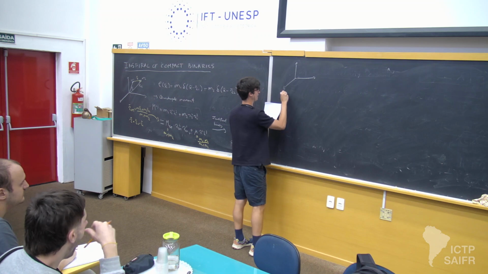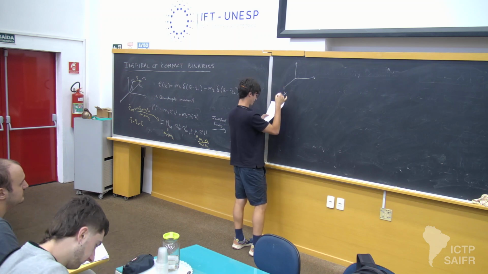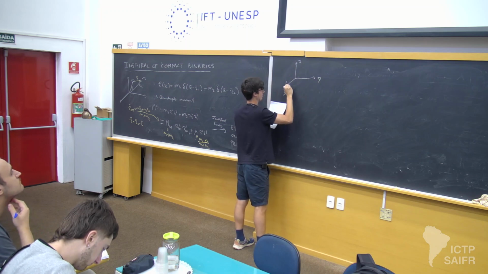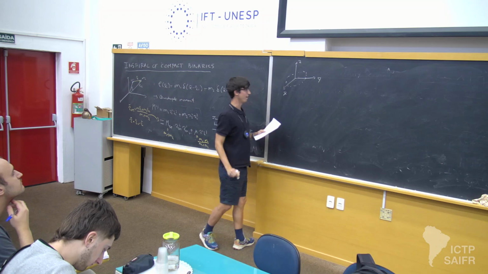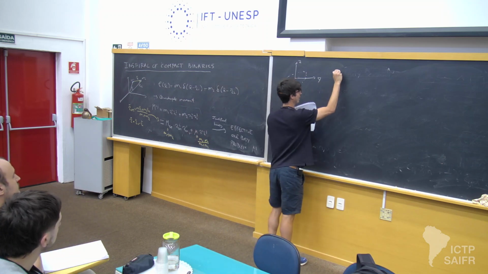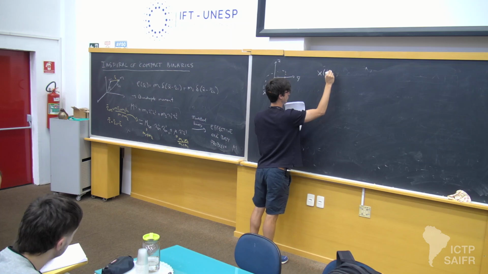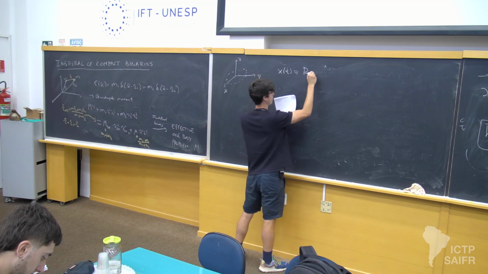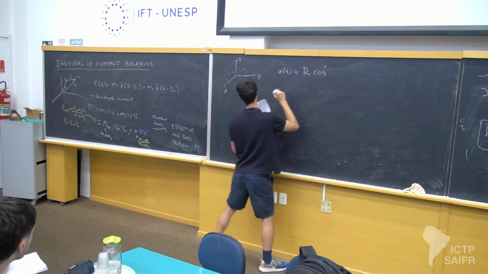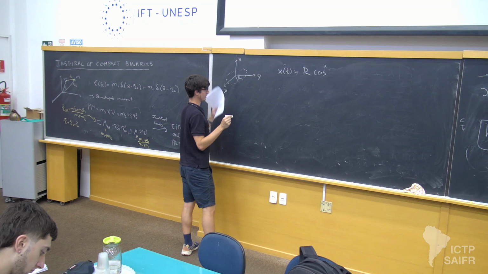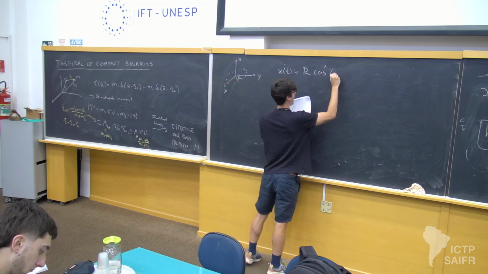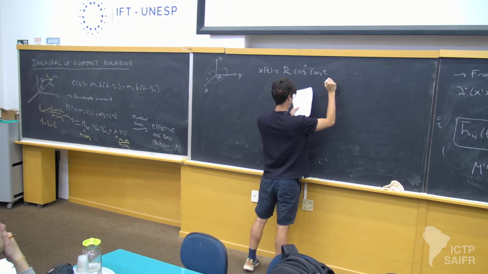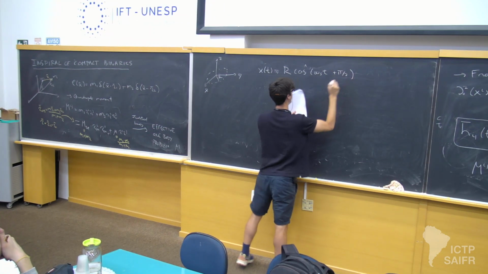We are going to choose that plane to be the x-y plane, so that the orbit is confined to it, and we are going to parameterize this orbit as a circular orbit with r the radius of the orbit, with some frequency and then some phase.